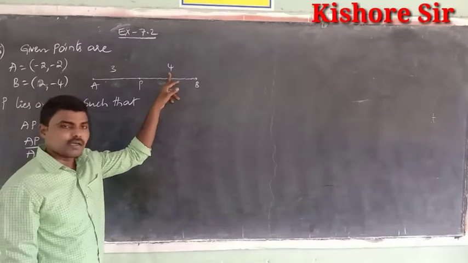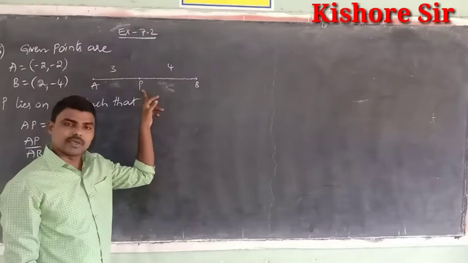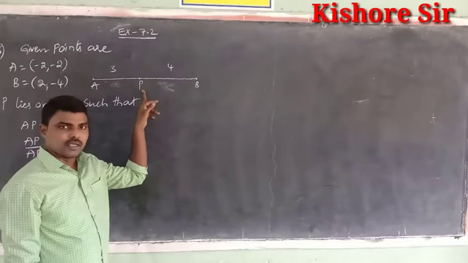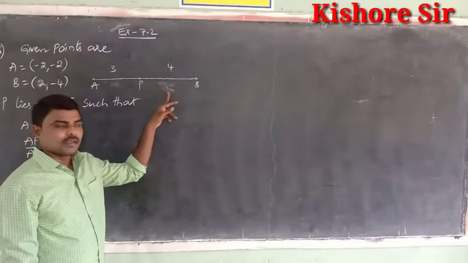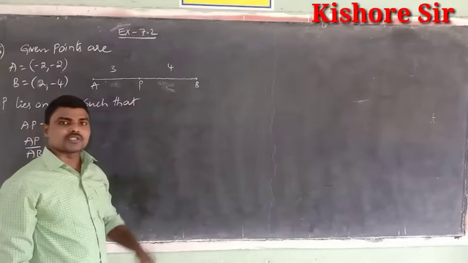We have to find the coordinates of the point P by using the section formula. So P divides AB in the ratio 3:4 internally.